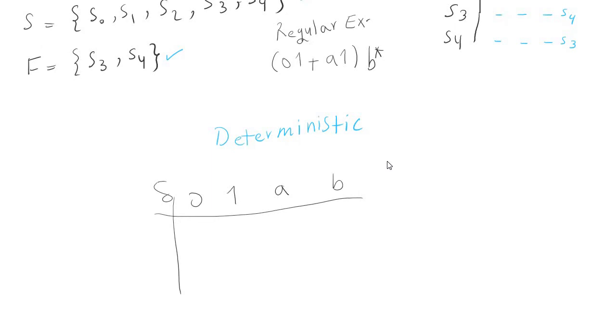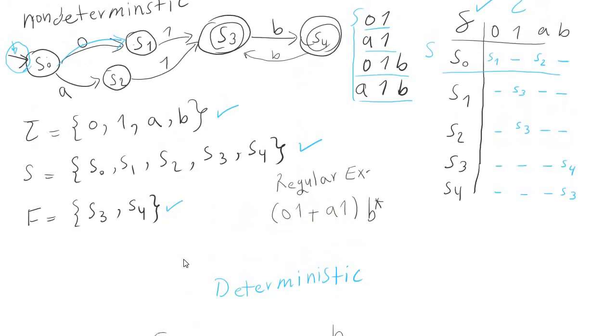So what we're going to do is create the same table as before. And we're going to build a set of our states that can possibly be reached through our transitions for each state.